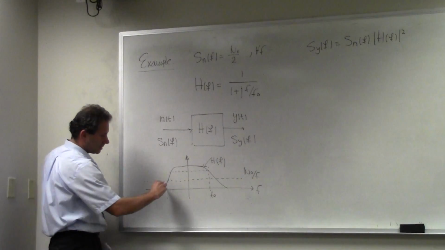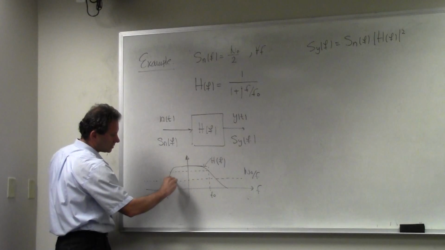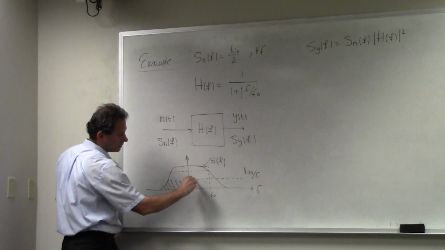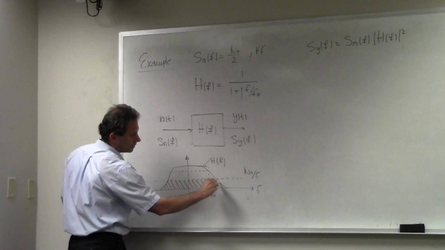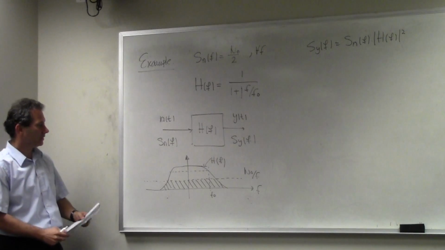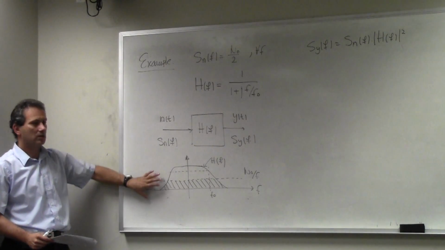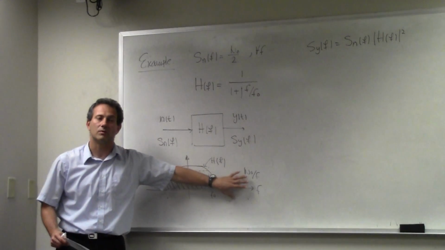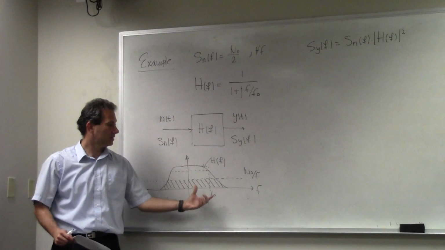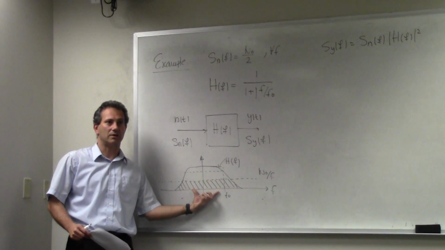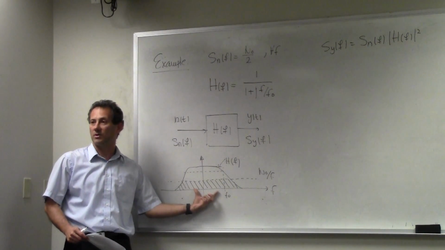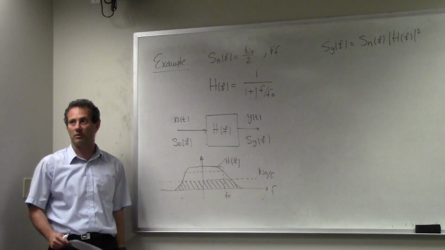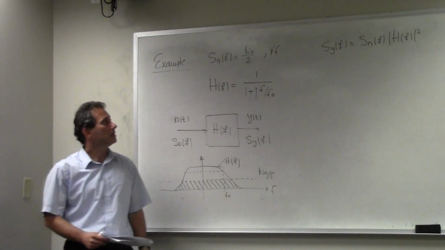What shows up at the output is this power, the area under the curve after it's passed through the filter. So the filter gets rid of all of these sinusoids that are outside, and therefore their power too. And the only thing that is preserved in the power of the output signal is whatever goes through the filter, through the bandwidth of the filter.